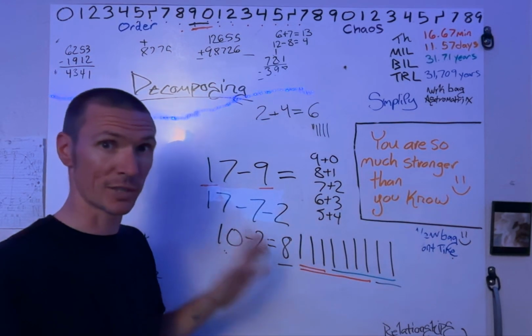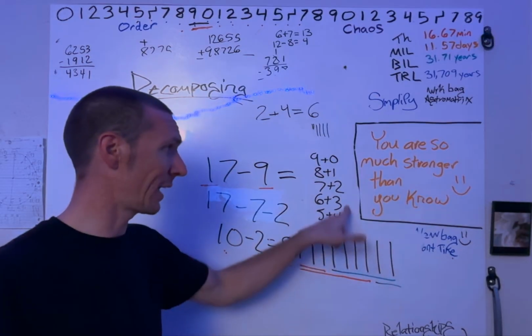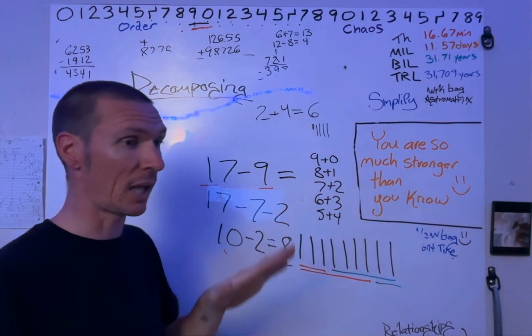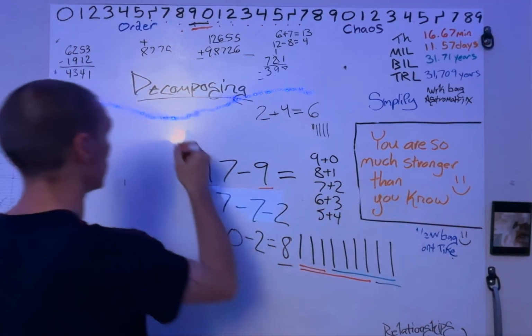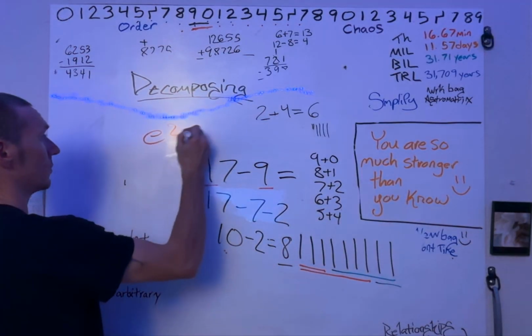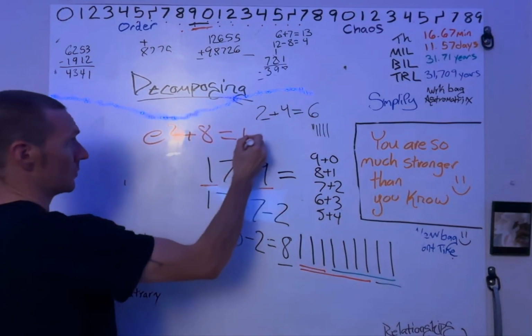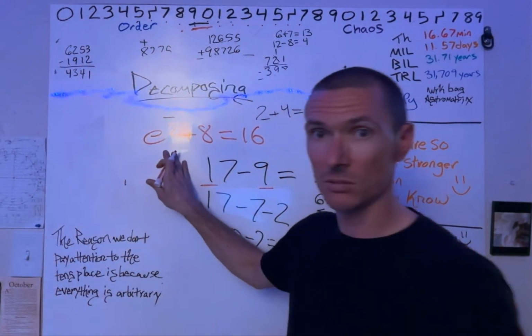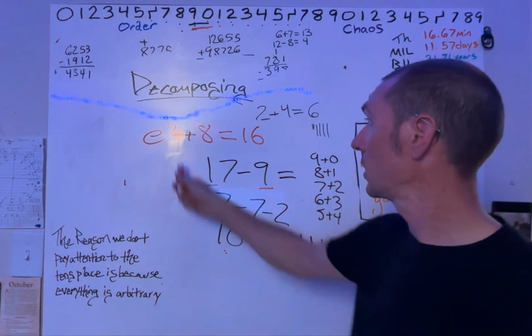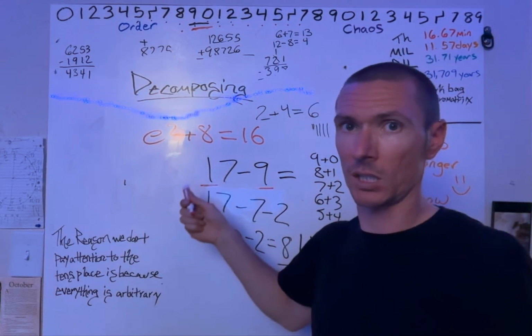Every number can be represented by any group. You can use any way to represent any number. An equation? When somebody writes out an equation, it just looks bad. This is just a different way of representing a number.